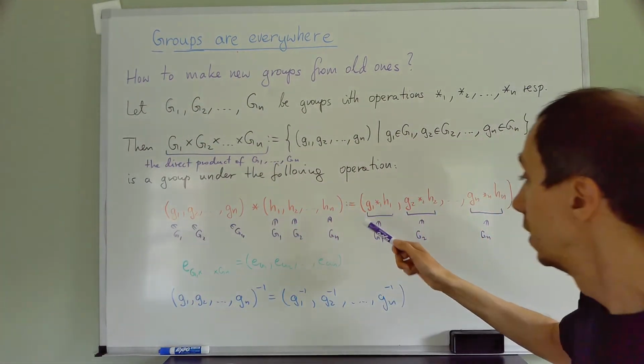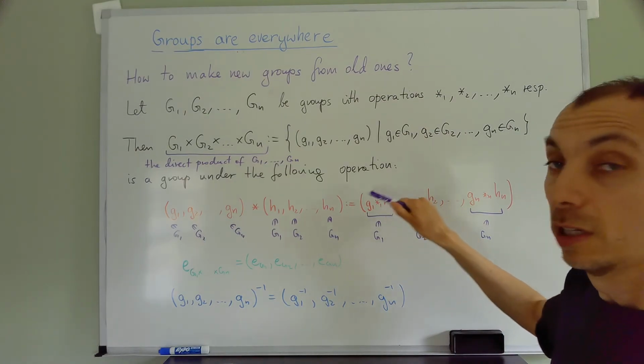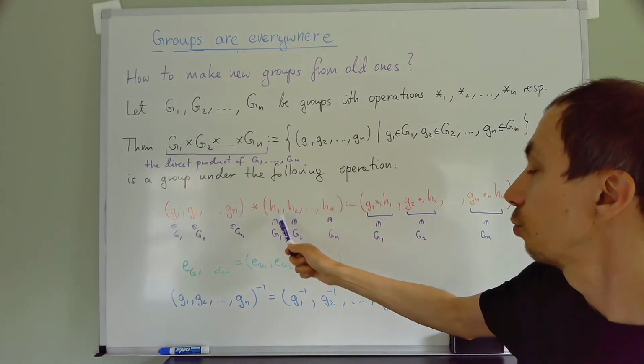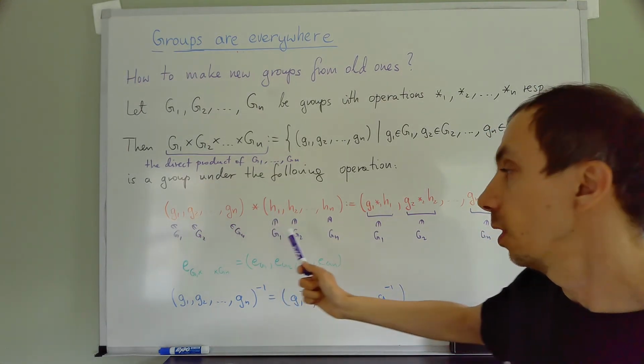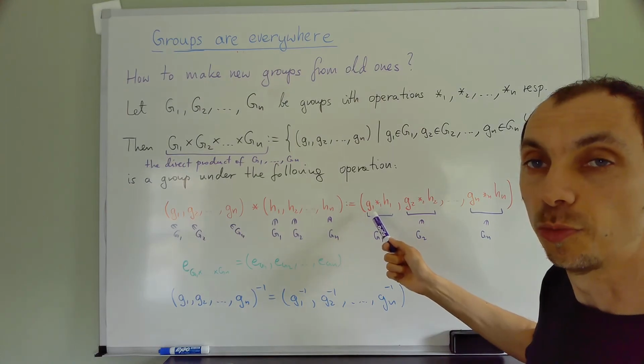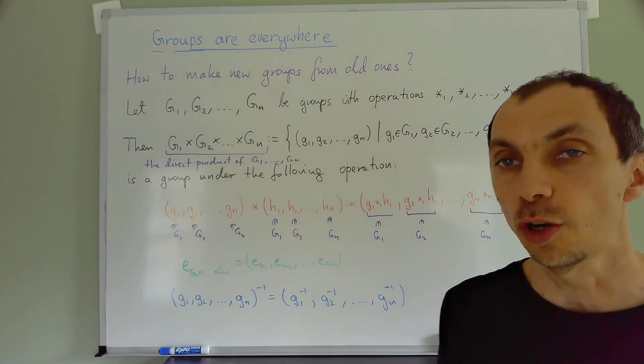So here's how I do it. On the first spot, I combine g1 and h1. Both are elements of the group G1, so I can use the operation in the group G1, which was denoted by *1.